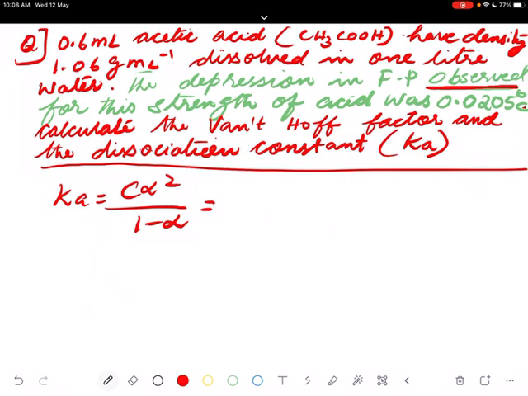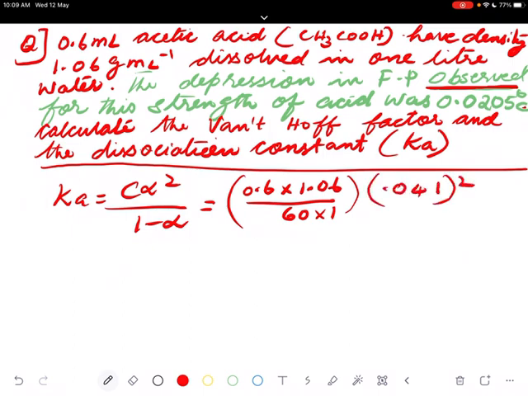This is 1 liter of water, and since the amount of solute is very less, you can consider it as 1 liter solution. So C is equal to WB, that is 0.6 into 1.06 upon 60 into 1 liter. Then alpha square, that is 0.041 square divided by 1 minus 0.041. Anyway, you will be getting the answer as 1.8 into 10 to the power minus 5.